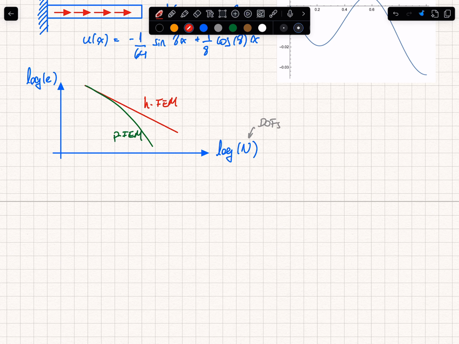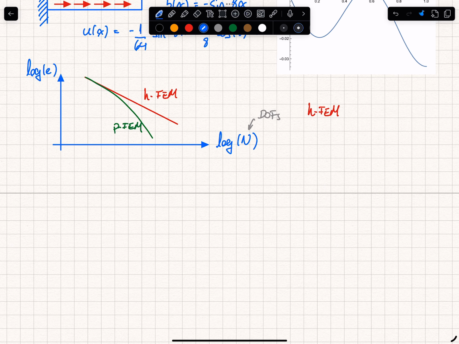And we say that h-FEM gives the so-called algebraic rate of convergence. In other words, the rate of convergence is constant.